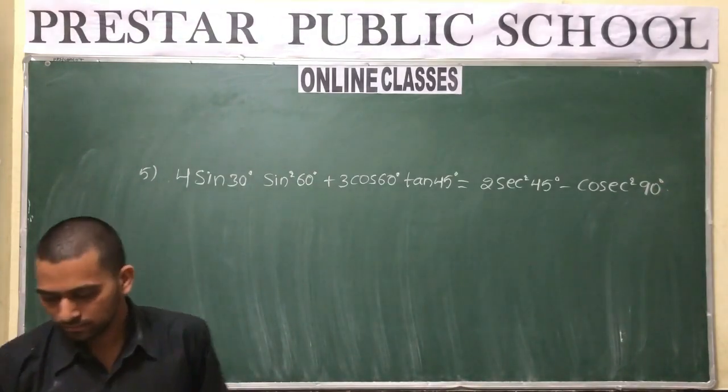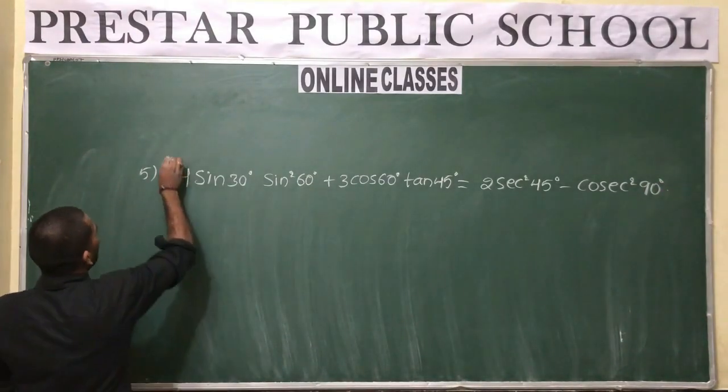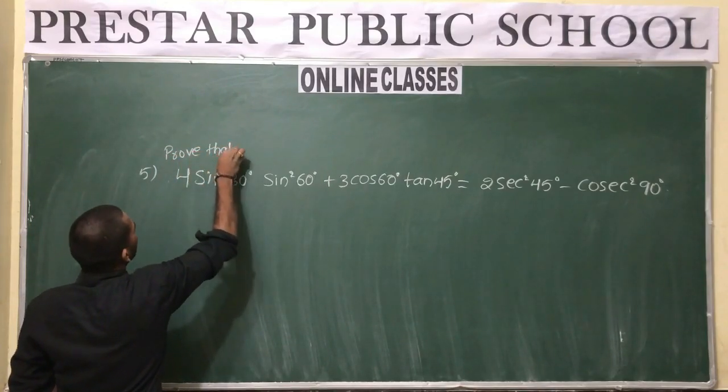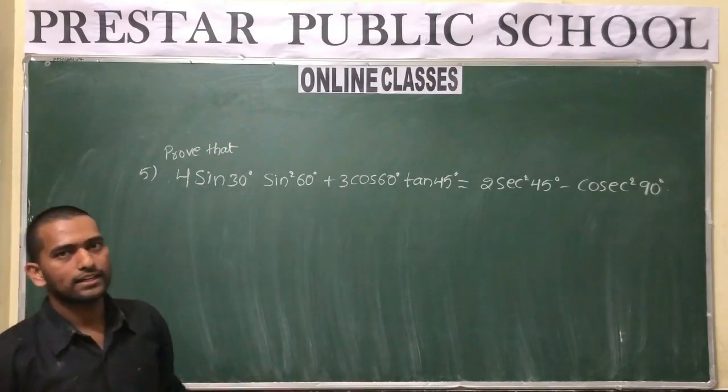So this is the problem. We need to prove LHS is equal to RHS, means left hand side value is equal to right hand side value.